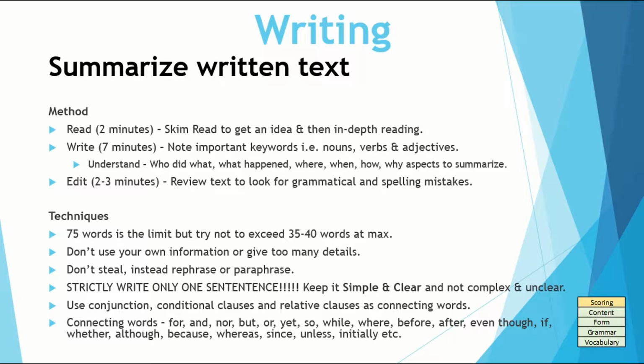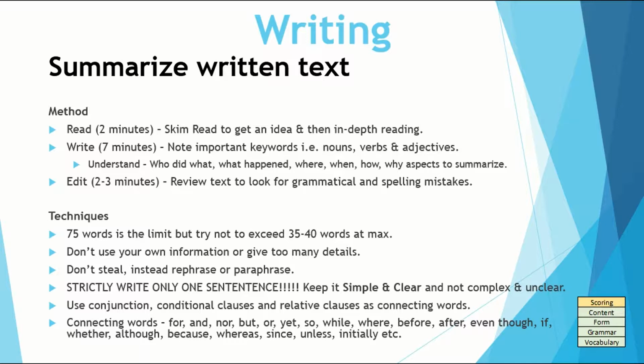Alright guys, let's get started. So today we're going to learn some methods and some techniques that we could use to get full marks on the slightly relatively difficult task, I would say, of summarize written text. This comes as the first part of your writing section. Before we dive into the methods and techniques, let's quickly understand the scoring.